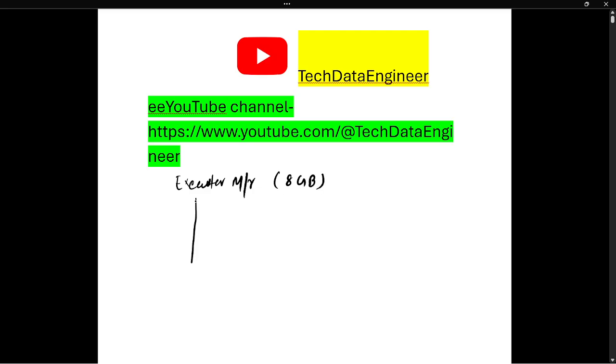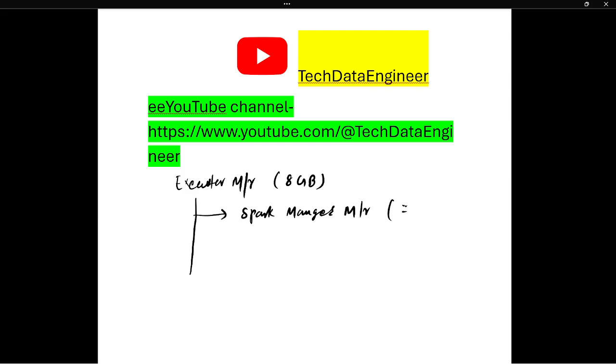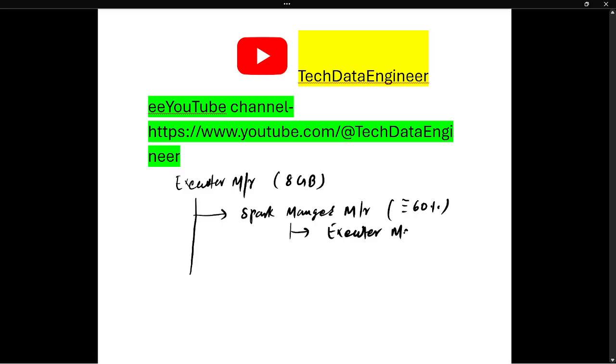Here we have the Spark managed memory, which is nearly 60%, and it has two things: one is the execution memory, another is the storage memory.